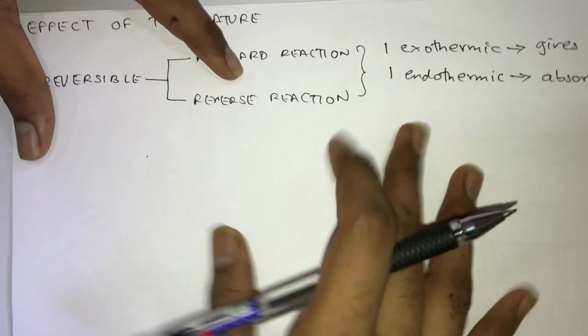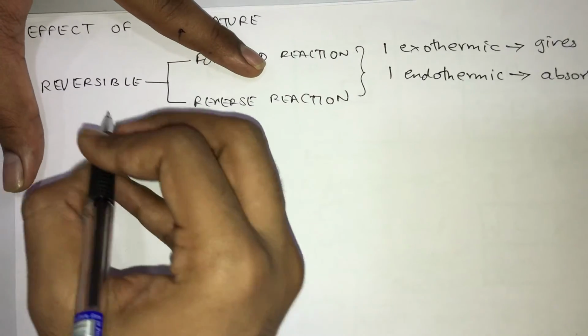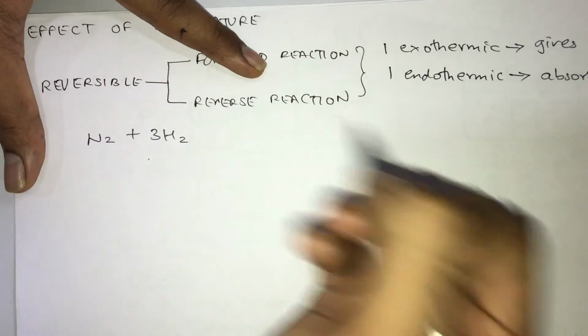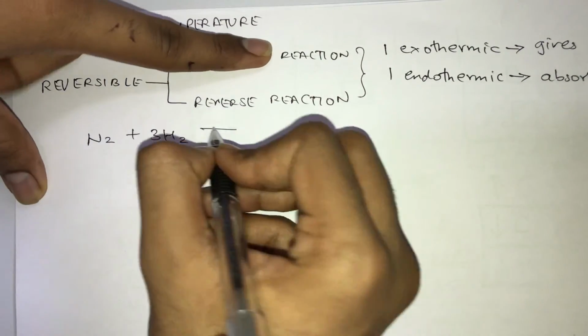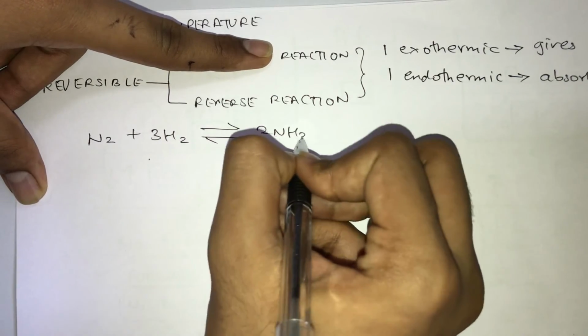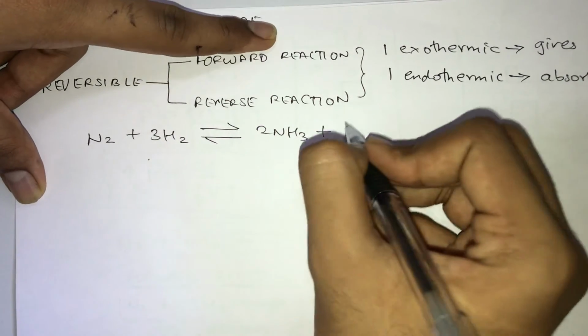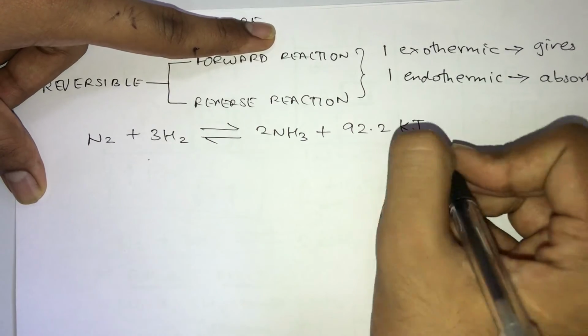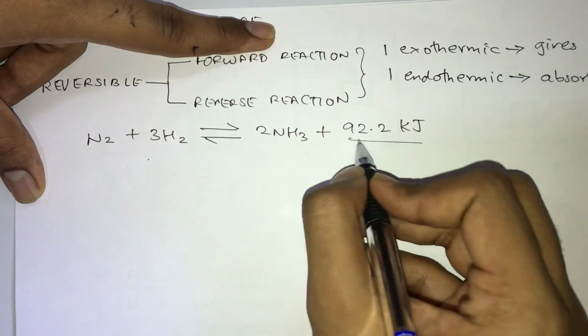Let's say this is the question given to us. N2 plus 3H2 is a reversible reaction giving us 2NH3 plus 92.2 kilojoules of heat.